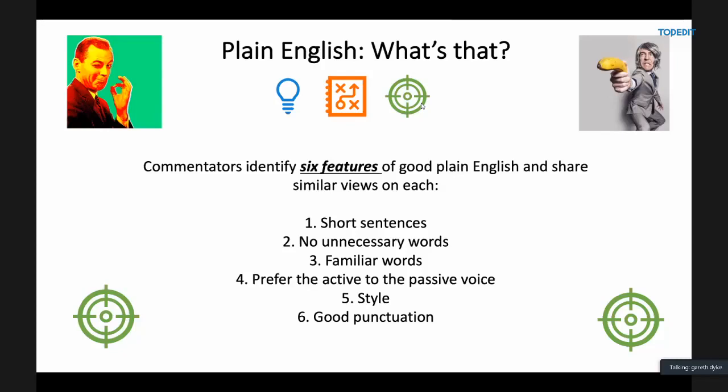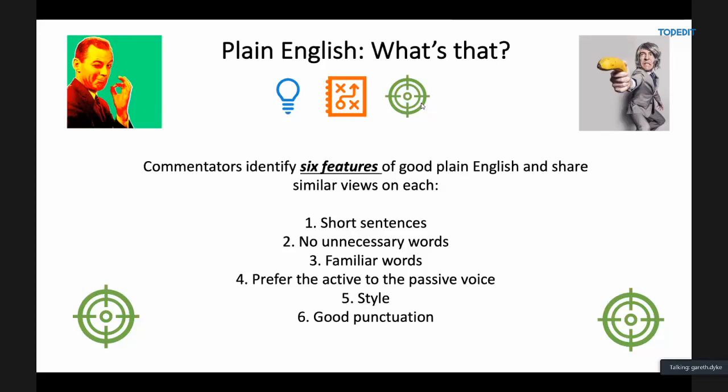Short sentences, no unnecessary words. Be familiar to the readers. Use words that people understand. Be active in your writing rather than passive, which is a question that I'm sure somebody's going to ask. We're going to talk about this in the Q&A a little bit later.